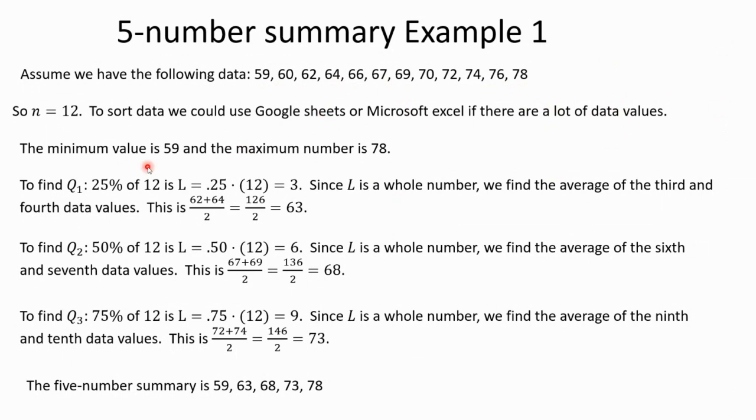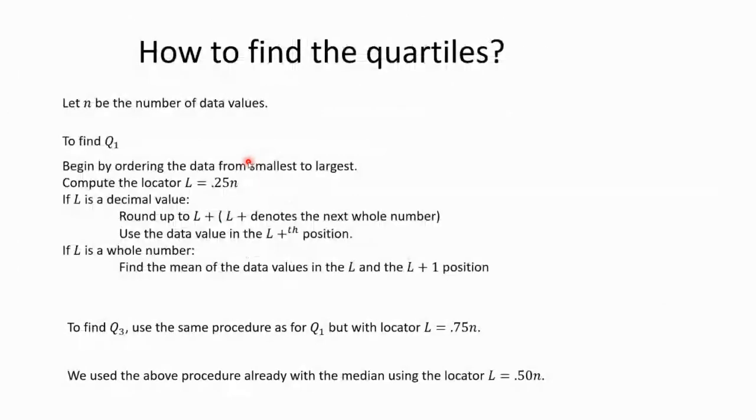For Q1, again, we have to get 25% of 12, which is 0.25 times 12. That's just 3. I wrote 25% of 12 because this product is 25% of n, and n is 12 here.